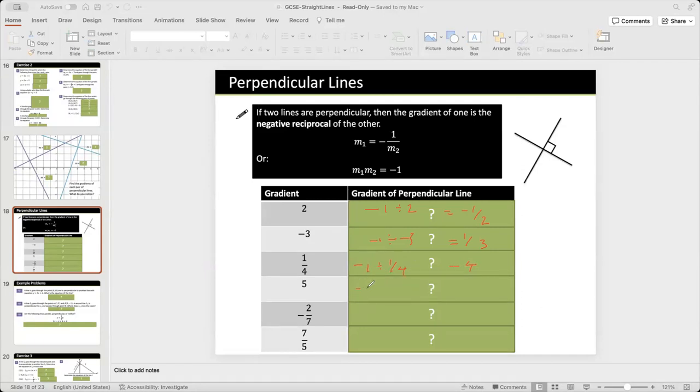Then this one gives you minus 1 divided by 5, which is minus 1/5. This one is minus 1 divided by 2/7, so that gives you 7/2. And this one, minus 1 divided by 7/5, gives you minus 5/7.